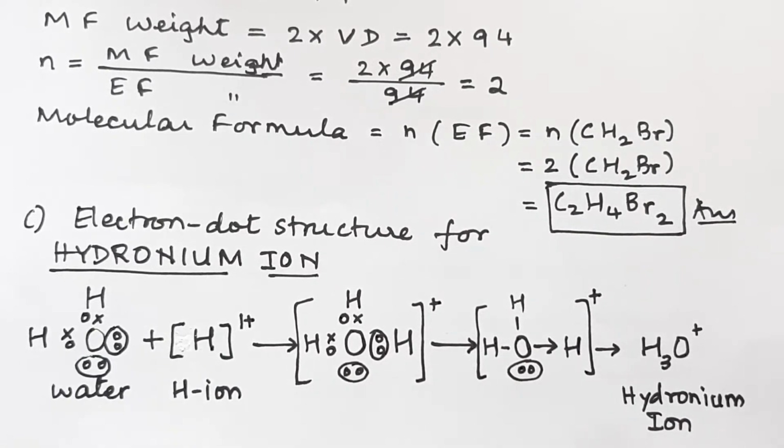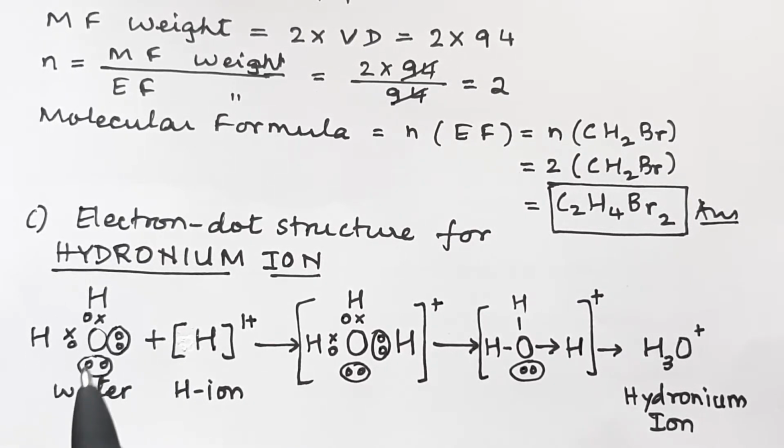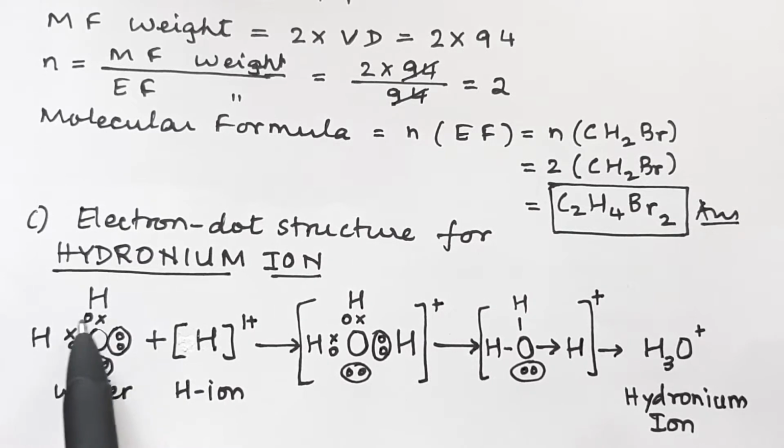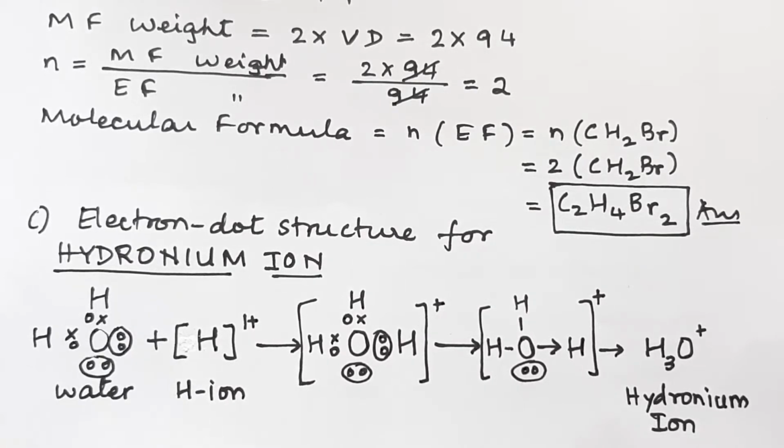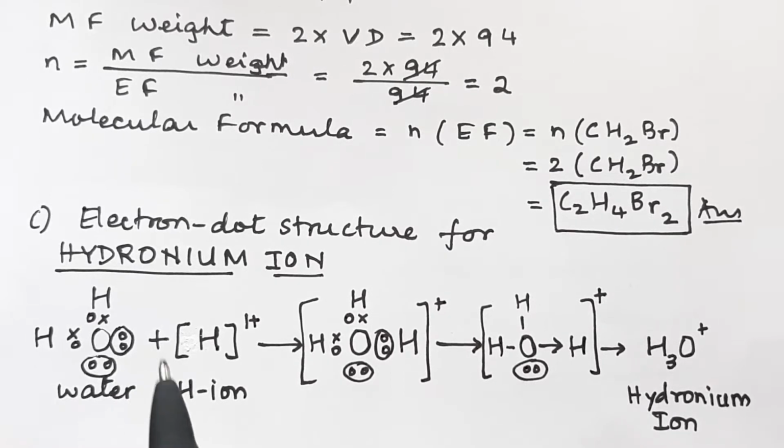And these crosses are the electrons of hydrogen, which are shared with these. So we have oxygen with one shared pair with this hydrogen and one shared pair with this hydrogen, and these two are the lone pair of electrons which are going to be responsible for formation of this hydronium ion.